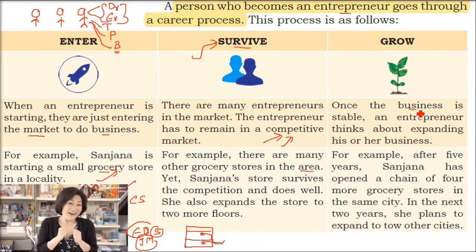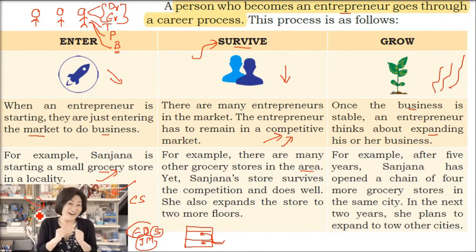And then the third and important step is to grow. Once your business is stable, you are known, people are buying, you are making profit, then you start expanding your business. You entered, then you survived, and now you are growing, the company is growing, and then maybe the shares and so on.